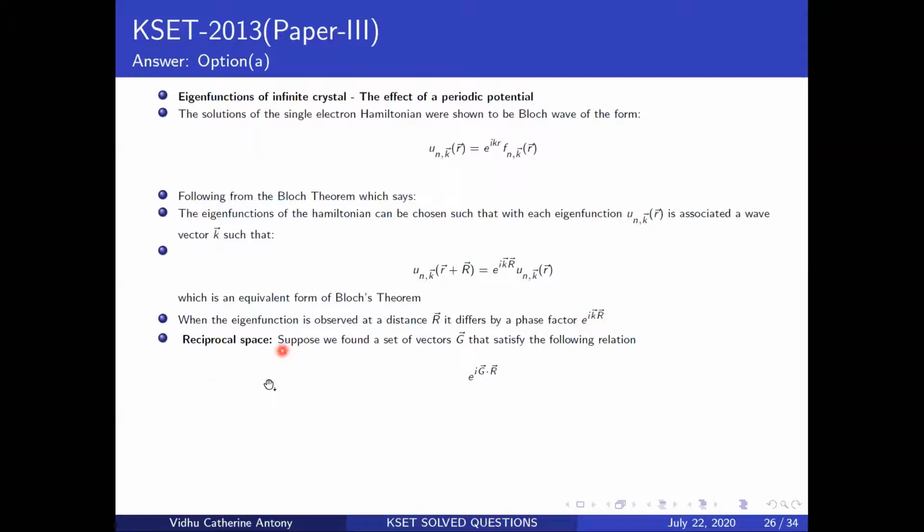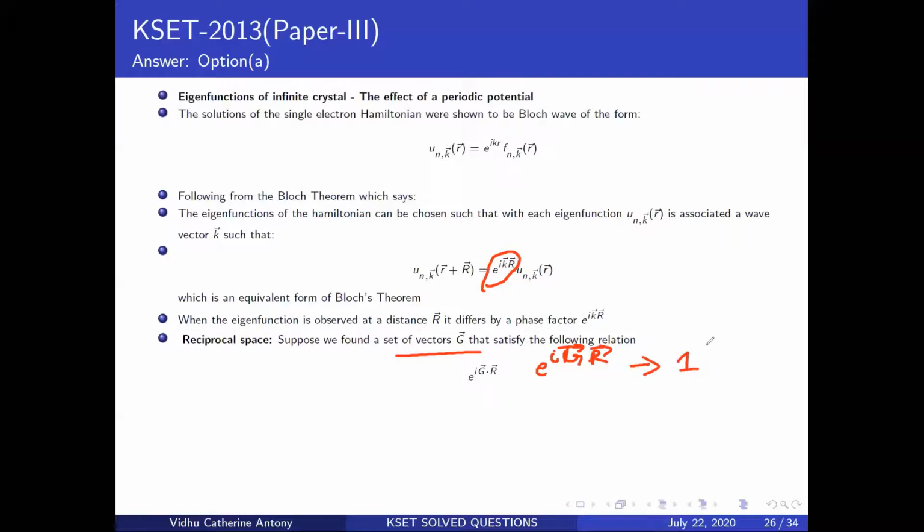Now, what happens in your reciprocal space? In reciprocal space you have some kind of vector G that you're assigning, and the phase factor here will be e to the power of i G vector dotted with your R vector, which ends up being 1.